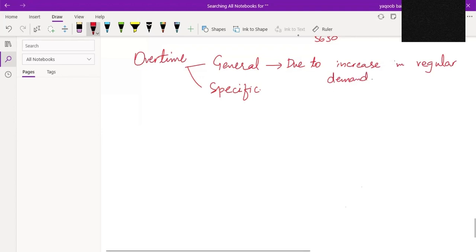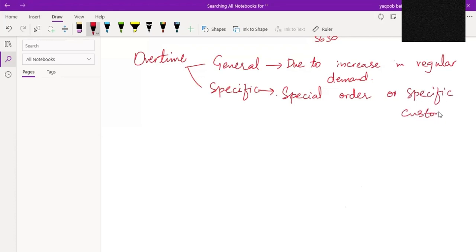The customer is not identifiable when there is a rise in demand, but specific is the one where there is a special order or a specific, identifiable customer.